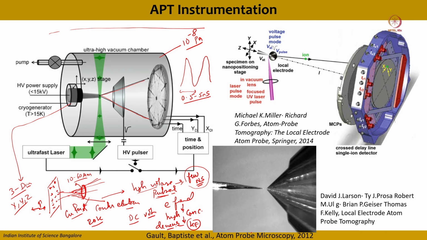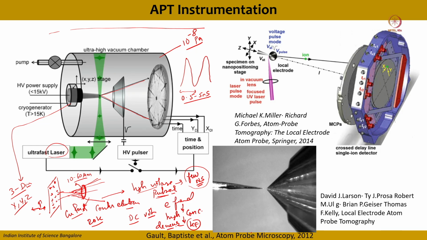We will come to this discussion later, but for now these voltage pulses last for a few nanoseconds. We can also apply, instead of HV pulsing, another type of pulsing, which last class we showed is called thermal pulse, also called laser pulsing. What is laser pulsing? You will apply the electric field. The electric field will be constant, but you will increase the tip temperature.